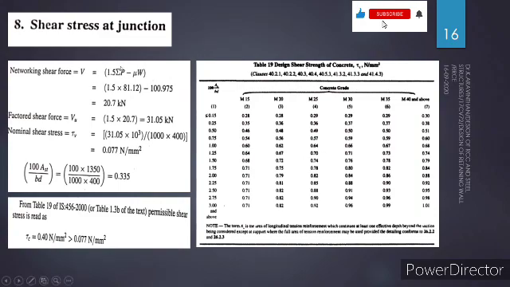One is the active earth pressure, the force acting from the soil, which we found to be 81.12 kilonewton, acting towards the stem of the structure. And there is a frictional force which is resisting the active force, which is 100.975, which we have found out earlier.